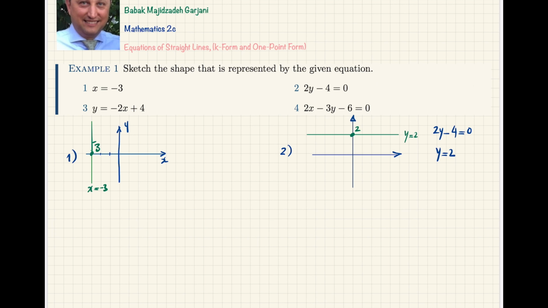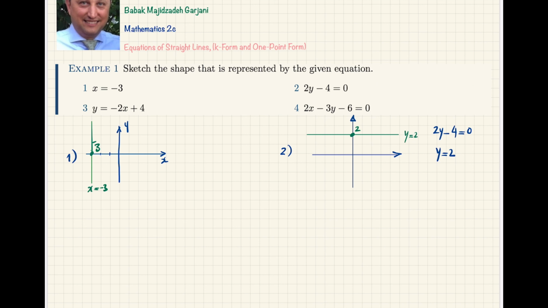Plus 4, we know it would intersect the y-axis at 4. And since k is negative, we know it would be going down.